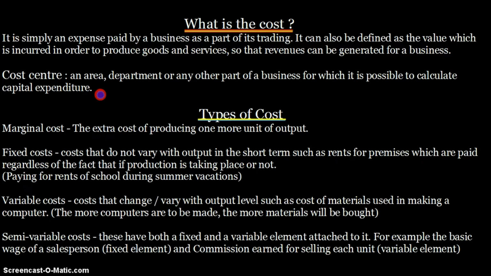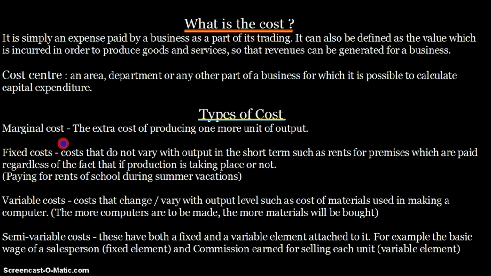So, it could be departments like, let's say, in a car manufacturing business, there will be a department that makes car components, a department that arranges those car components, a quality check department as well. There are different departments in many businesses. So let's move on to the types of costs.